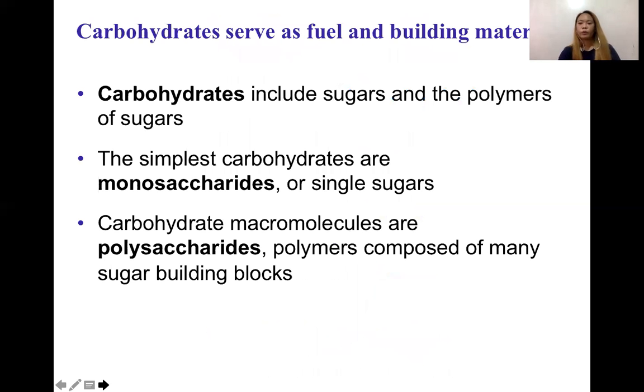So now let's start with the very first biological molecule, which is carbohydrates. When we say carbohydrates, the function of this is that it provides us with the energy that we need for our everyday activities.